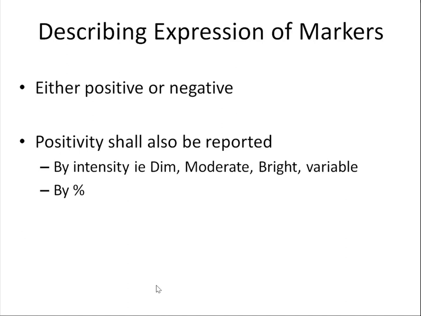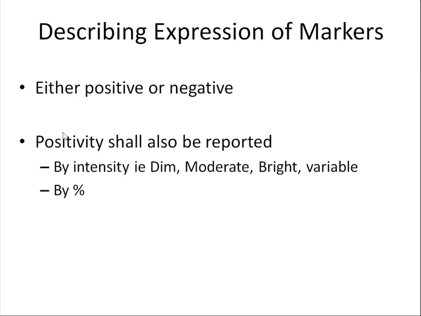There is no need for you to give the positive as a percentage, and there is also no need to call it positive by intensity, whether it is dim positive, bright positive, or moderate positive. All you need to say is whether that particular population is positive or negative for that marker. So either plus or minus. That is one way of expressing the markers, which is binary: yes or no, positive or negative, that's it.